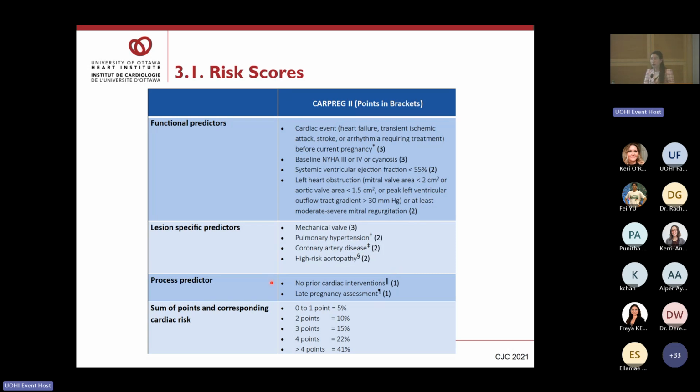What is very novel about this score, and I think it's one of its strengths, is that it actually includes process of care predictors. So if someone has had a late pregnancy assessment, which is after 20 weeks, that on its own is a risk factor. And that is why I'll be spending some time talking about the role of a preconception visit to make sure that we're not in that position.